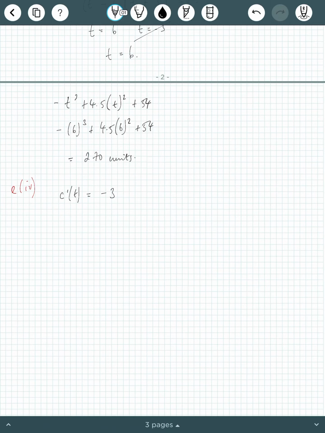That's minus 3 times 7 squared plus 9 times 7 plus 54, which equals minus 30 units per hour. That is a negative, so it shows that it is decreasing.